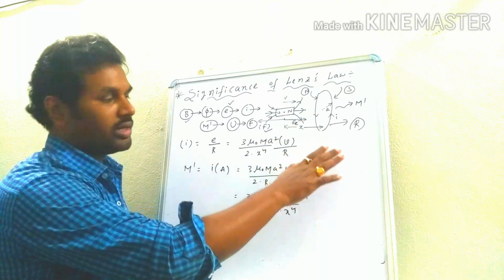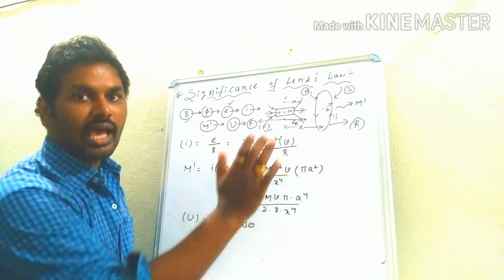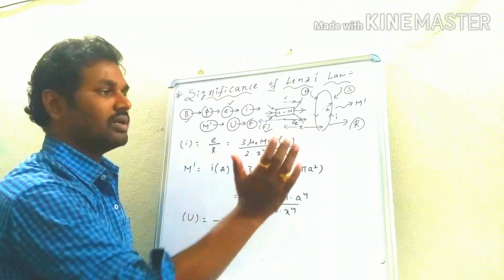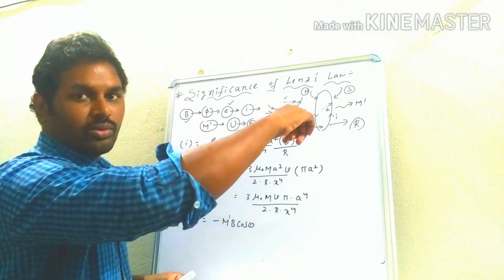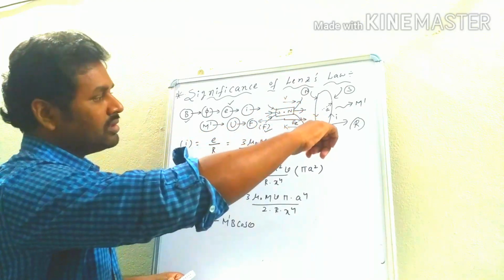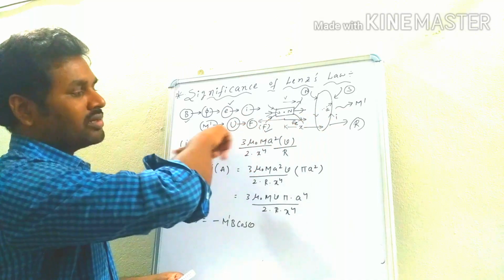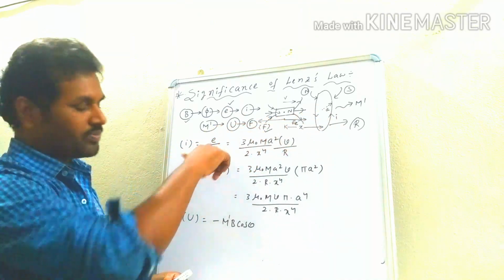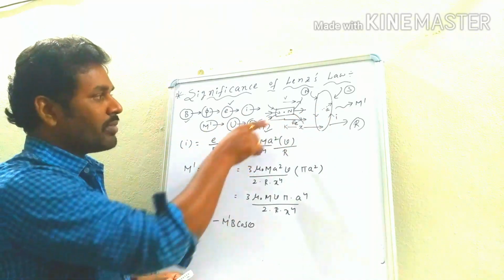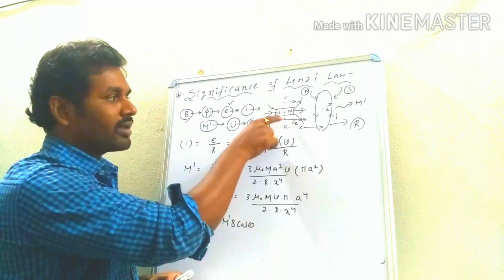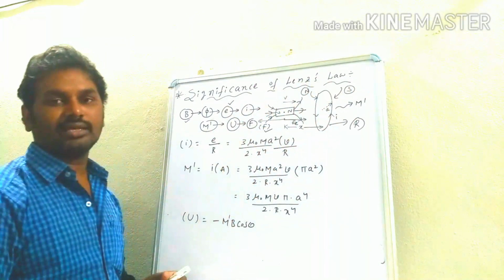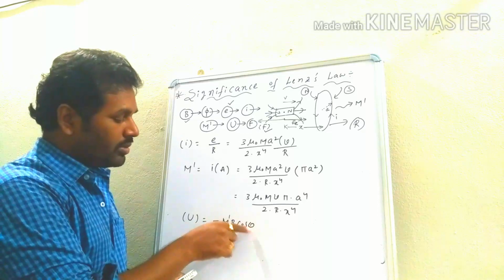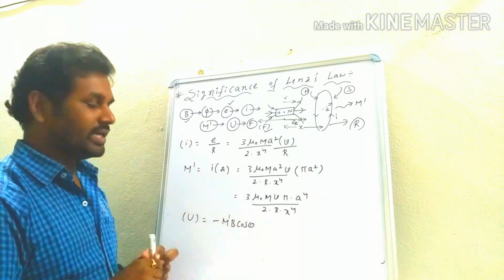As the induced current set in this coil is in the anti-clockwise direction, like this, by the thumb rule, M dash is acting along the negative x-axis. But B, the magnetic induction due to this bar magnet, is acting along the positive x-axis. So the angle between these two is equal to 180 degrees.